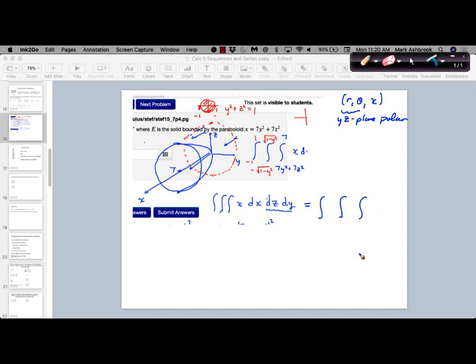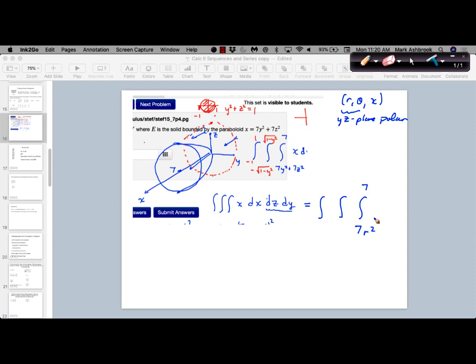So we started evaluating the triple integral, and we proved that in cases like this, cylindrical coordinates are much, much better. So 7y squared plus 7z squared is 7r squared.